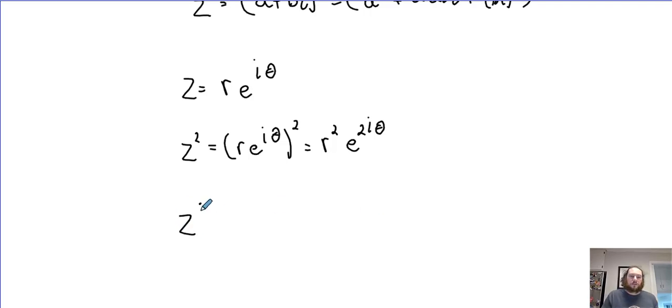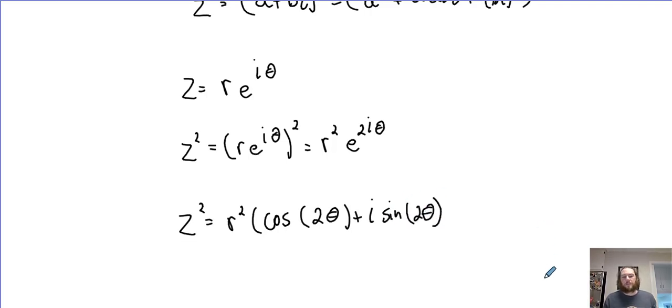So z squared would be equal to r squared times cos 2 theta plus i sine 2 theta.